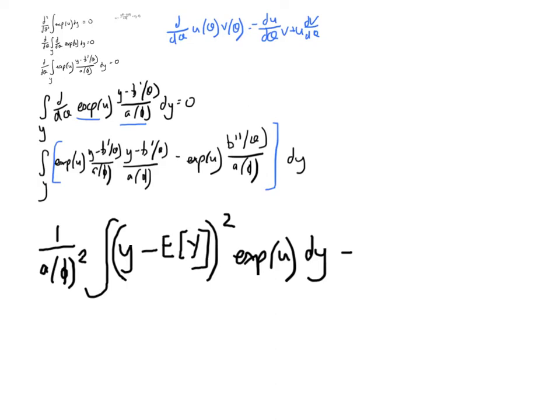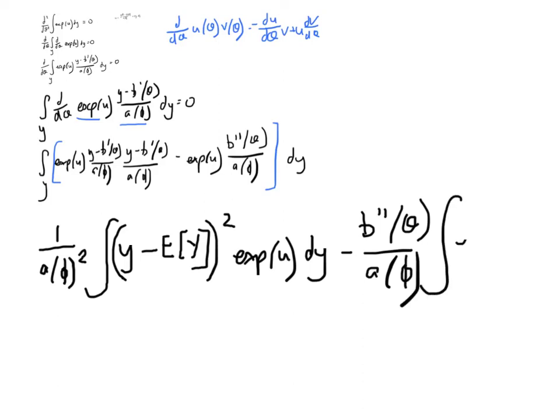Again, we have terms that are constant with respect to y, so I can bring those outside the integration operator. So I have b double prime of theta over a of phi, multiplied by the integral of exp u dy.